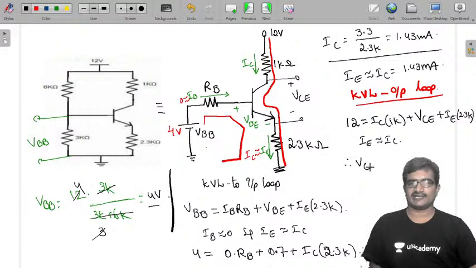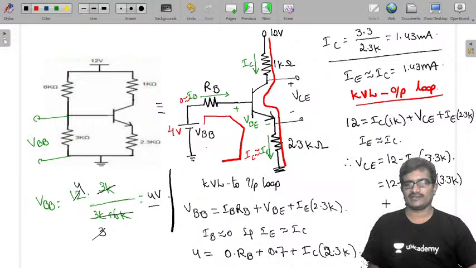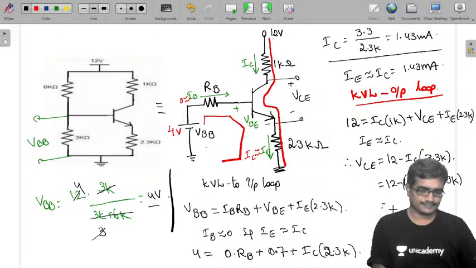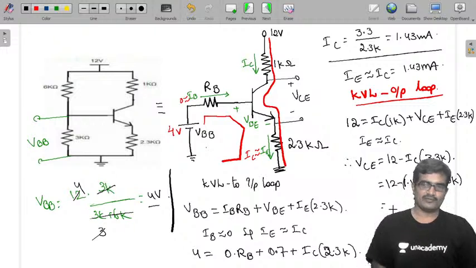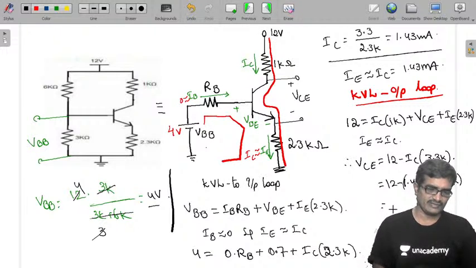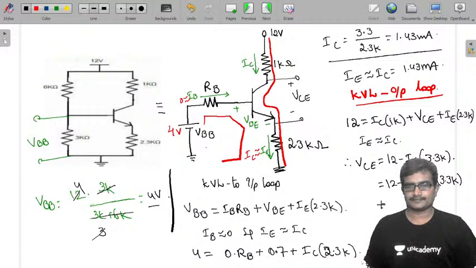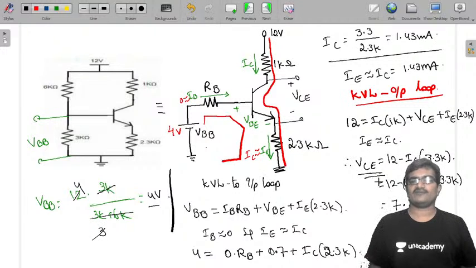Therefore, VCE is written as 12 minus IC into (1K plus 2.3K), 3.3K. So 12 minus 1.43 milli into 3.3K. Simplify this: 1.43 into 3.3 is 4.7. 12 minus 4.7 is 7.28 volts. This is the value of VCE.